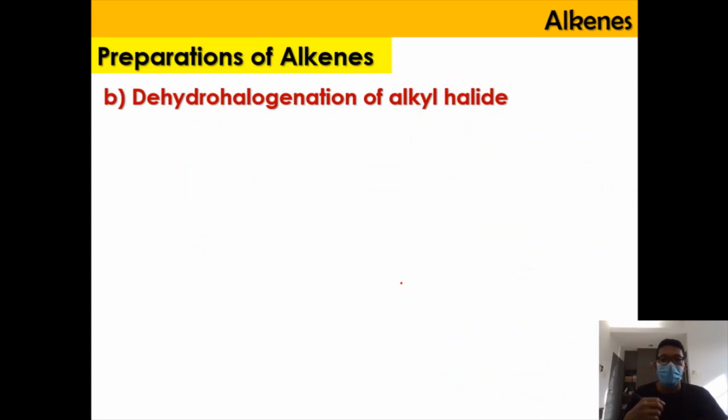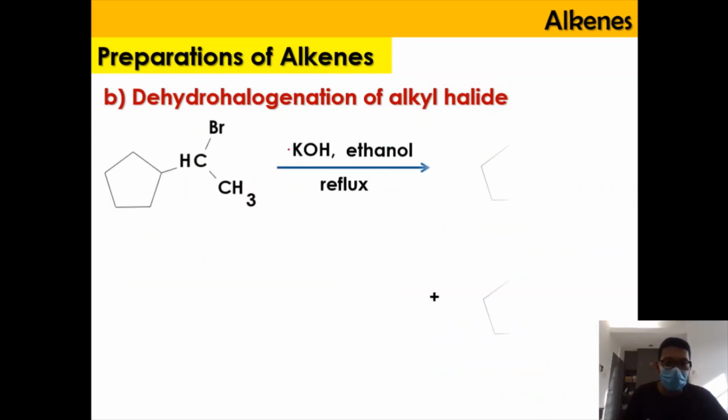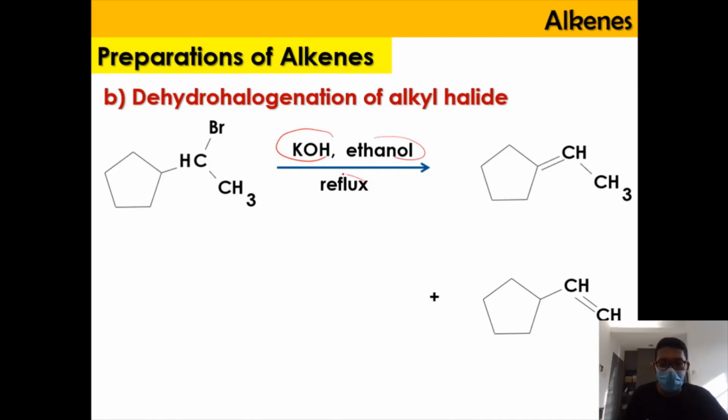Alright. Now we can also do the dehydrohalogenation of another product as shown here. By applying KOH and also ethanol under reflux, we can remove hydrogen and Br in order to produce an alkene. So in this first situation, we can remove Br here and remove the hydrogen from this side.